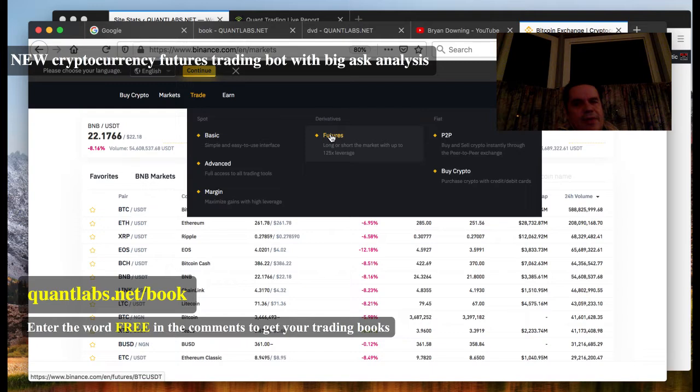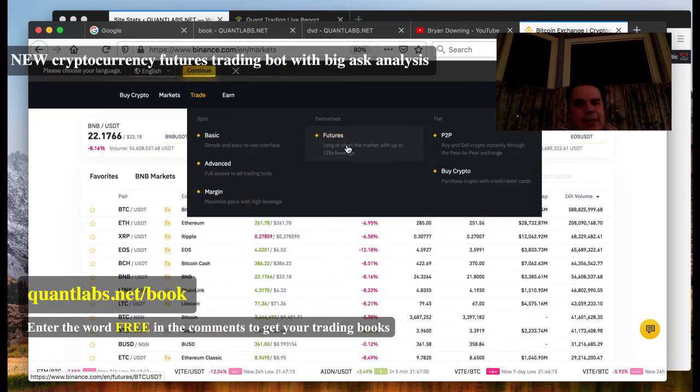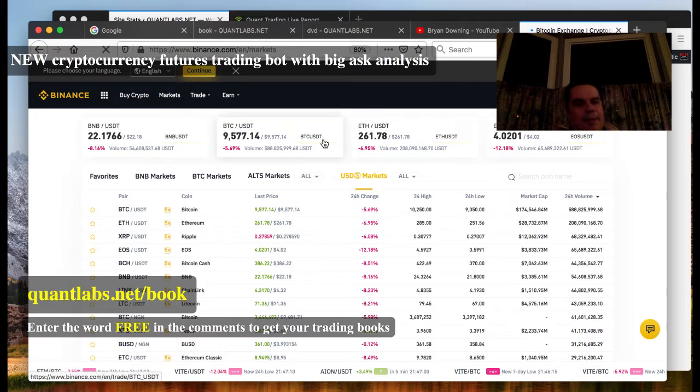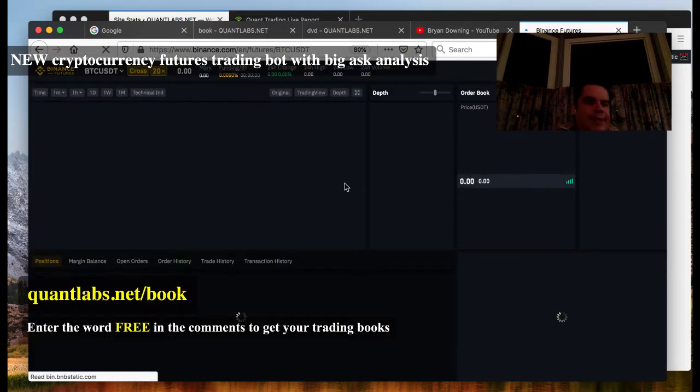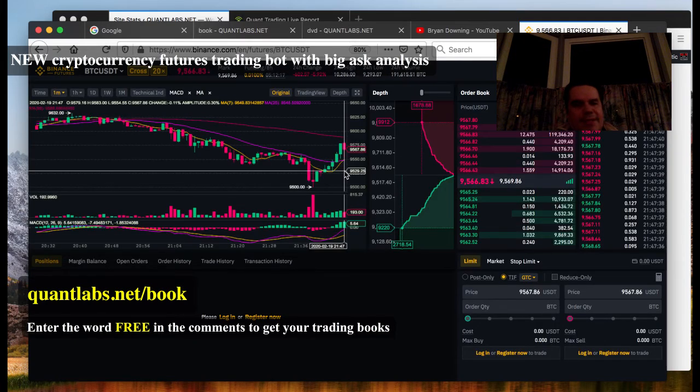And I have to say that there's been a lot of changes in the spot market of Binance. I might one day do a video on it, but from what I've seen so far, Binance has become a very big exchange now with USDT.